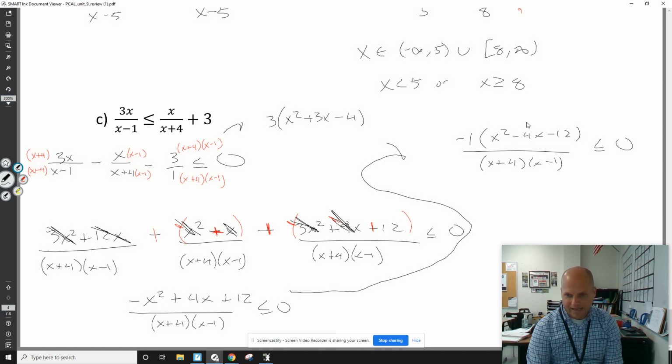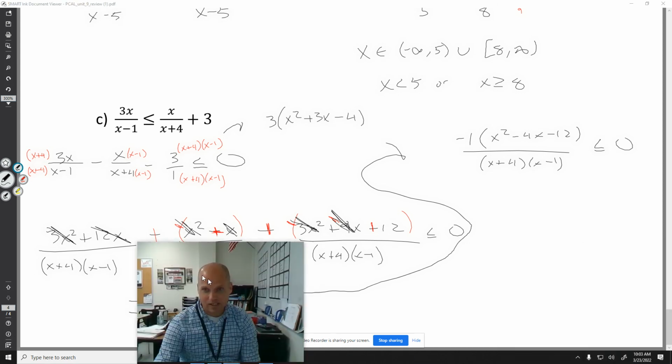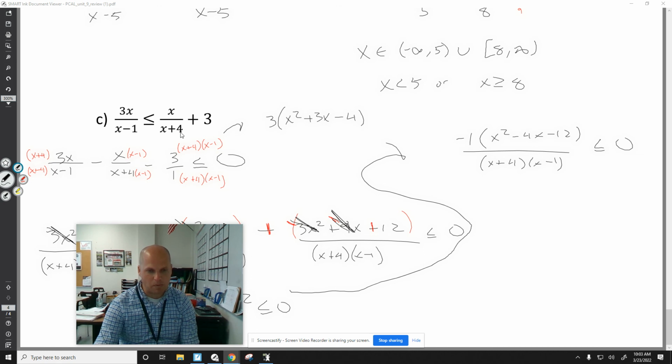Two numbers that add to get negative 4 and multiply to get negative 12: negative 6 and positive 2. If I'm doing this correct, I can see this problem is set up in a way so that you're going to have to simplify stuff and you will be able to factor in the end. (x minus 6)(x plus 2) over (x plus 4)(x minus 1).